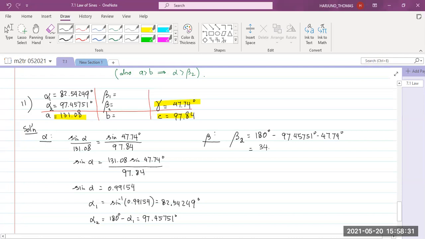That's 34.80249 degrees. And beta 1 is 180 degrees minus 82.54249 degrees minus 47.74 degrees. That's 49 something degrees.